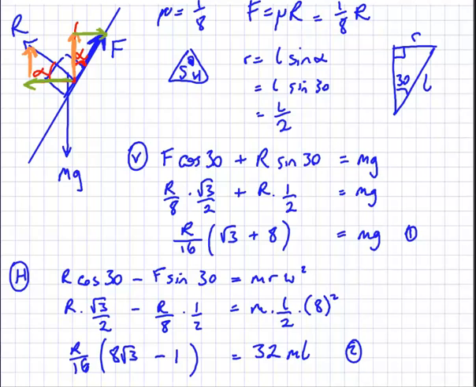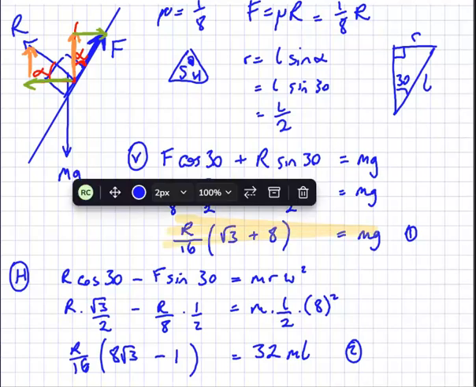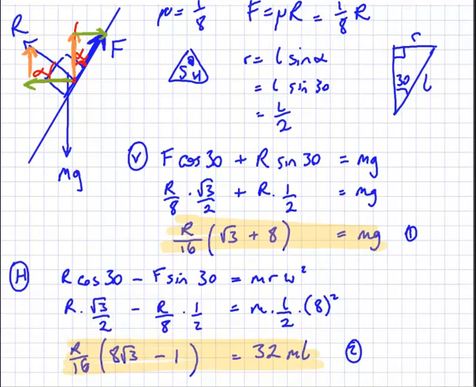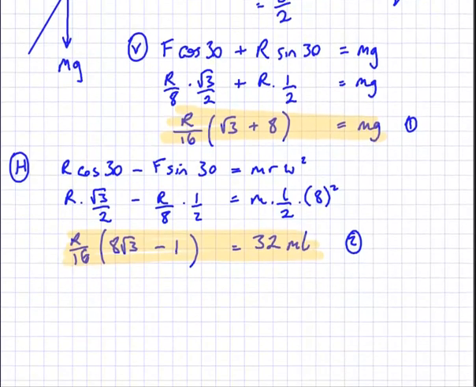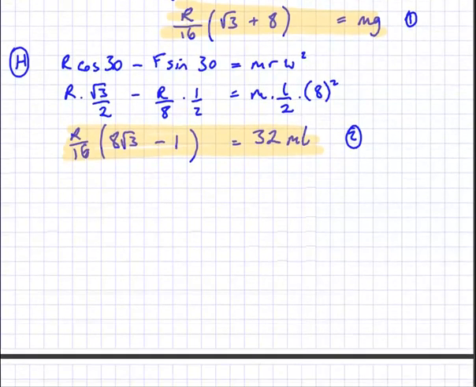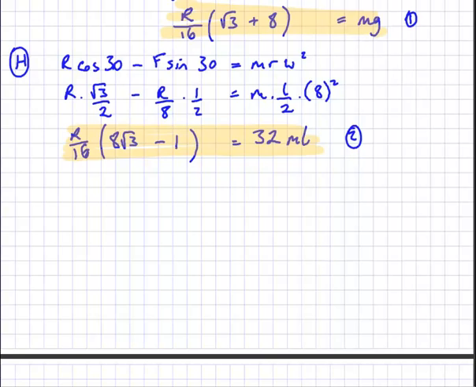Now we can work on both of those two equations that we found. We're going to work on both of them to get an expression for L. We want to get rid of R effectively, and we can do that if we rearrange each of them to be equal to R over 16, which should be easy since R over 16 is a factor in both expressions.